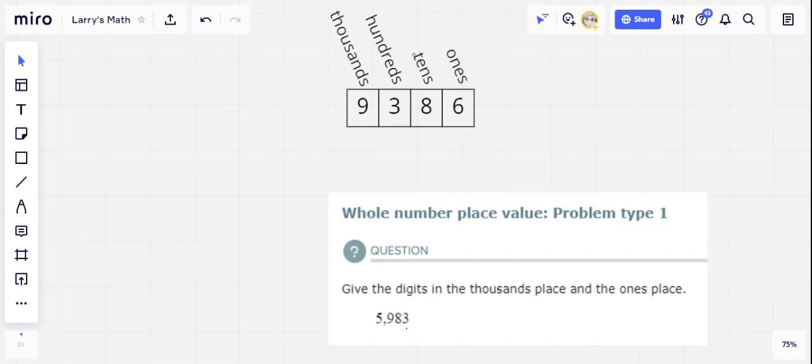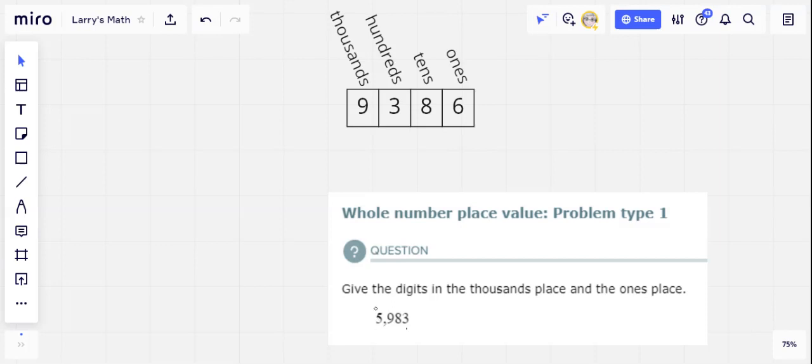But for right now, for these problems, all you have to do is know these 4 places: ones, tens, hundreds, thousands. And then you can answer questions like this. This one says, give the digits in the thousands place and the ones place. The thousands place is pretty easy to find because the convention is that you put this comma after the first 3 digits, and then the next one is the thousands.